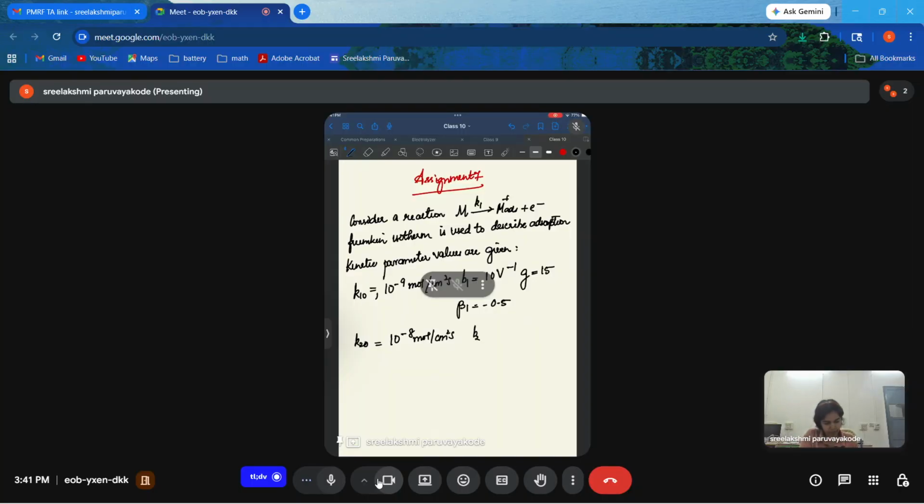B2 is 10 volt inverse. Beta 2 equal to 0.5 and gamma equal to 10 to the power minus 8 mole per centimeter square.